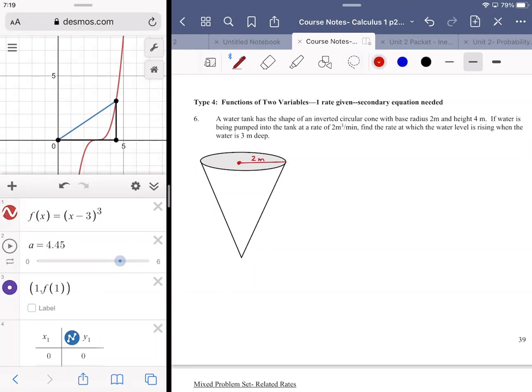If water is being pumped into the tank at a rate of 2 cubic meters per minute, so that's another measure of volume, so that's a dV/dt. Find the rate at which the water level is rising when the water is 3 meters deep.